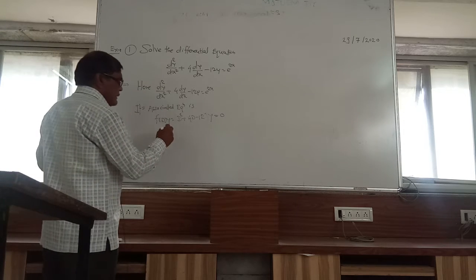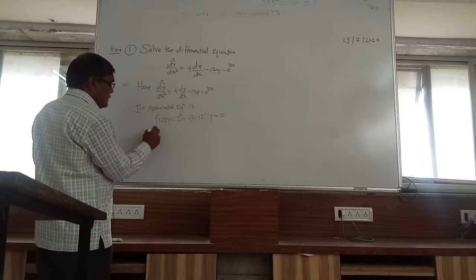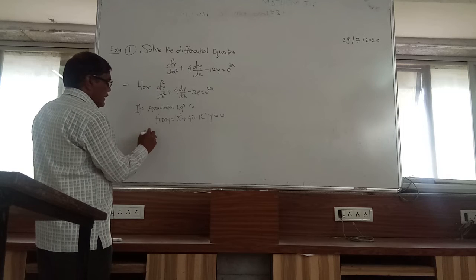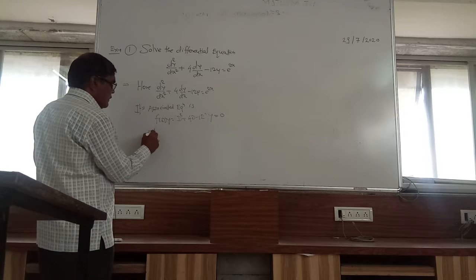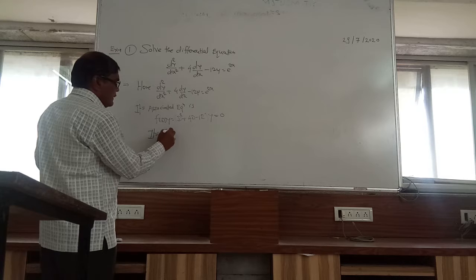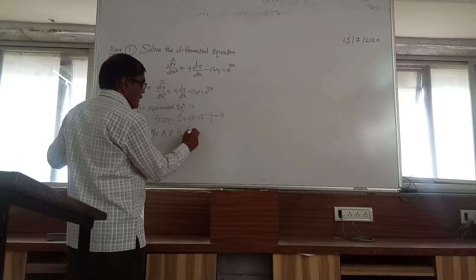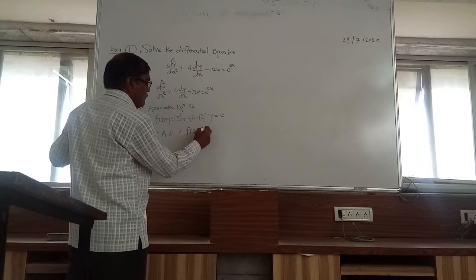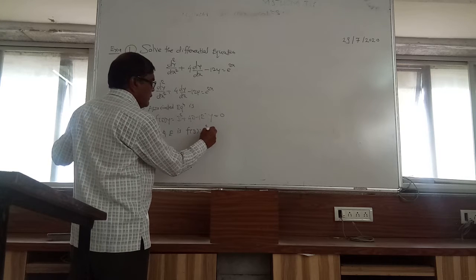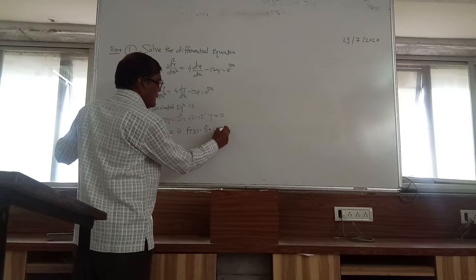That is a homogeneous equation. Its auxiliary equation is f of D is equal to D square plus 4D minus 12.